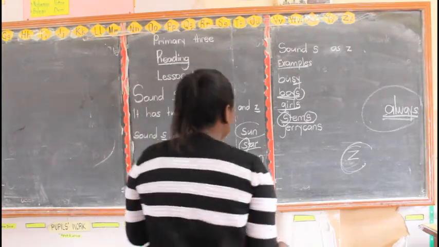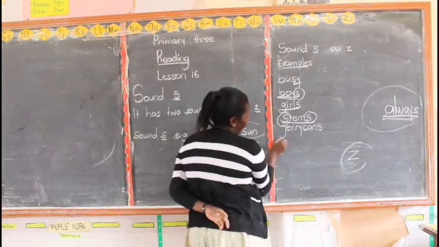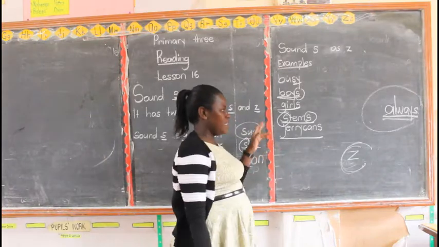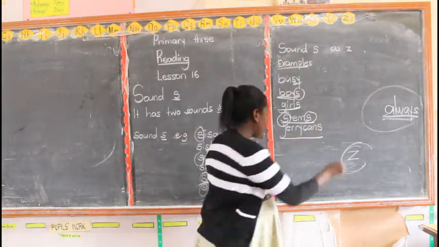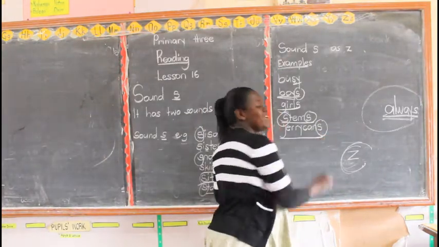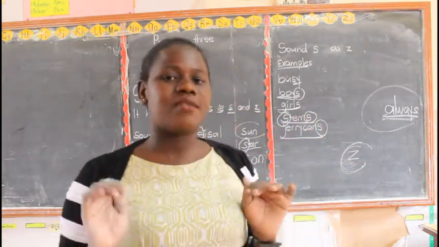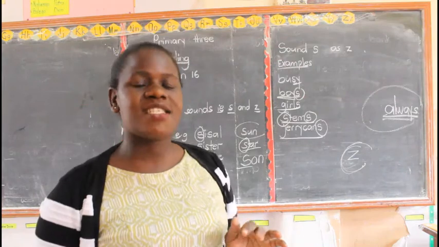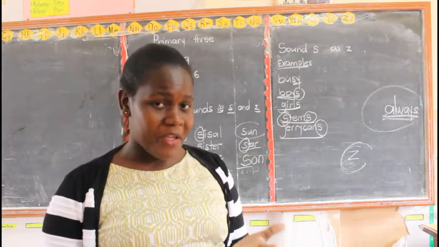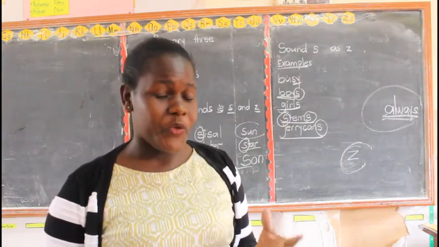That is good. Then we have here jerrycans. This last S, this letter S, is sounding Z. Are we together, children? Have I confused you? No, you are mature.